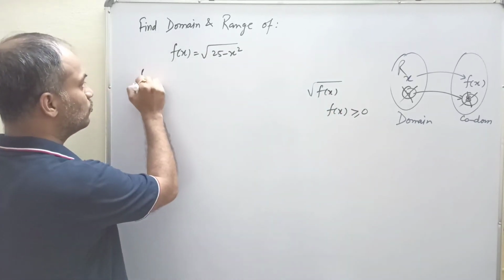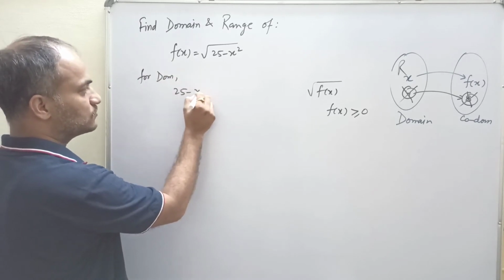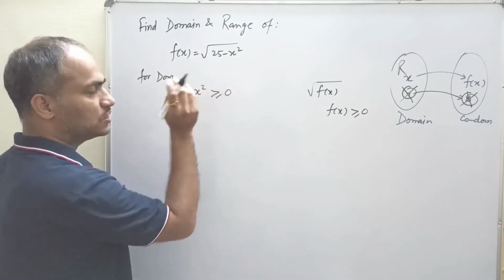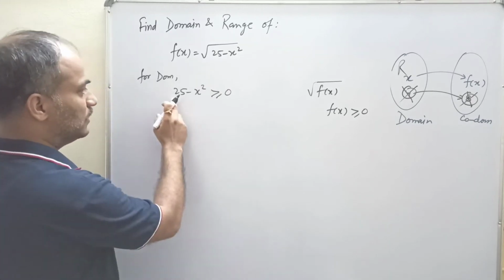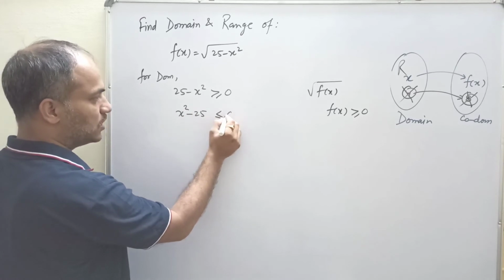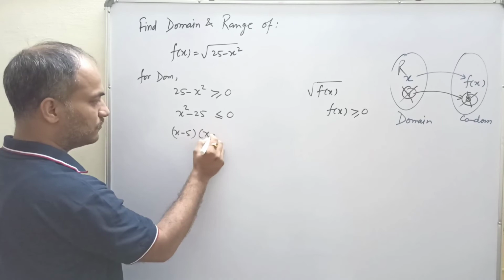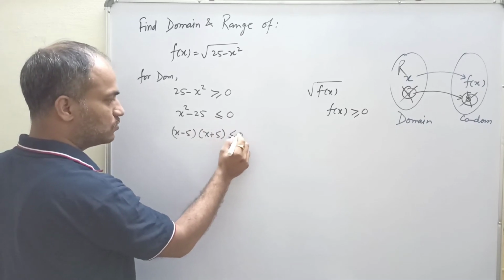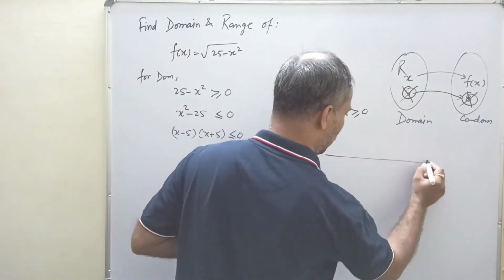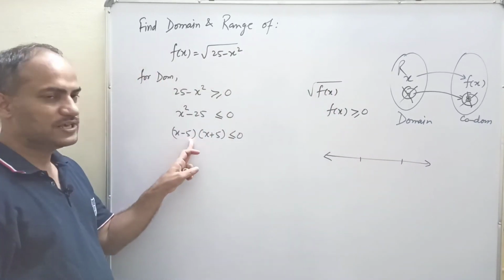So for the domain, 25 minus x square has to be greater than or equal to 0. Multiply by minus, so x square minus 25 is less than or equal to 0. So (x minus 5)(x plus 5) is less than or equal to 0. On the number line we see the two points are plus 5 and minus 5.